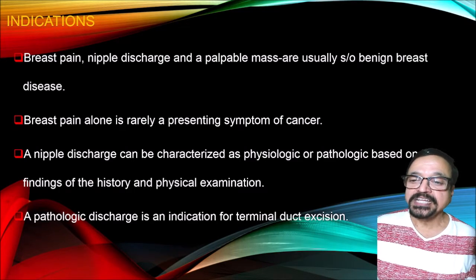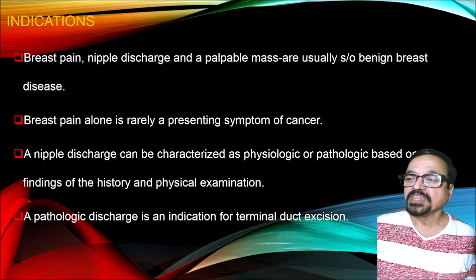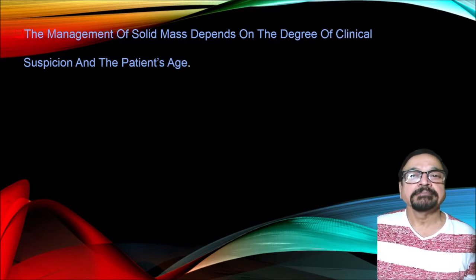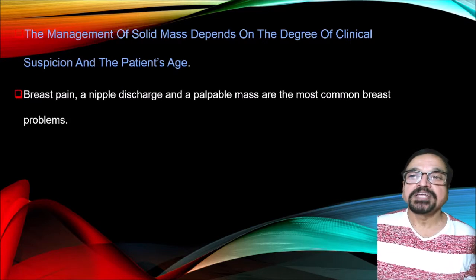A pathologic discharge is an indication of terminal duct excision, that is, involvement of the terminal duct. There can be something, and that can be malignancy or infective. The management of a solid mass depends on the degree of clinical suspicion and the patient's age. Again and again we repeat these two things: degree of clinical suspicion and patient's age, and what symptoms are grouped together.